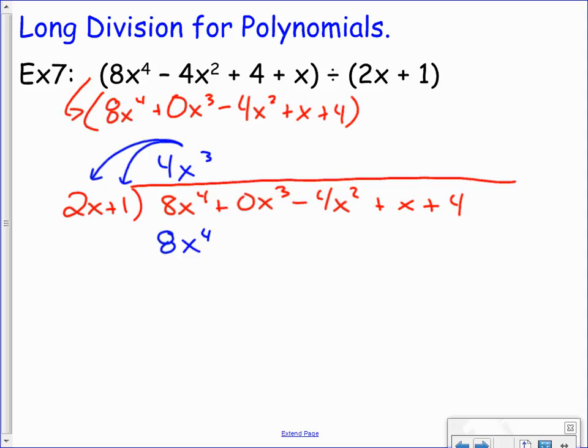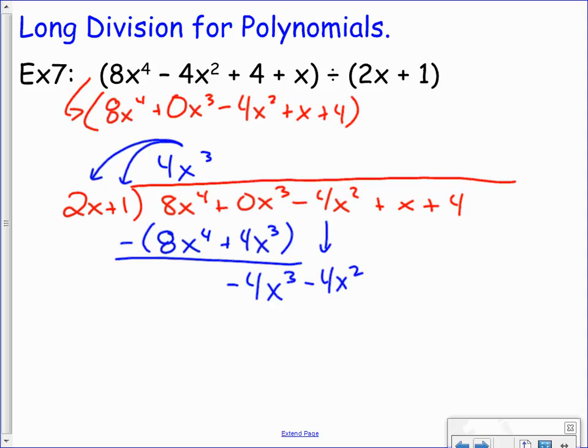See, I needed a place. Okay, okay. So, plus 4x to the third, parentheses, minus. So the one I'm worried about is 0 minus 4. Negative, yeah. Negative 4x to the third minus 4x squared, and start over.